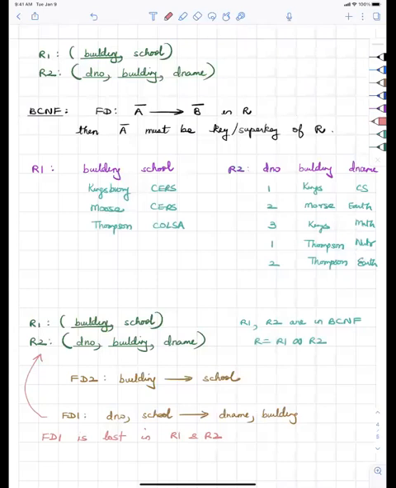It goes out. So that is one of the problems of Boyce Codd normal form: you can lose some dependencies that are there in the original data.